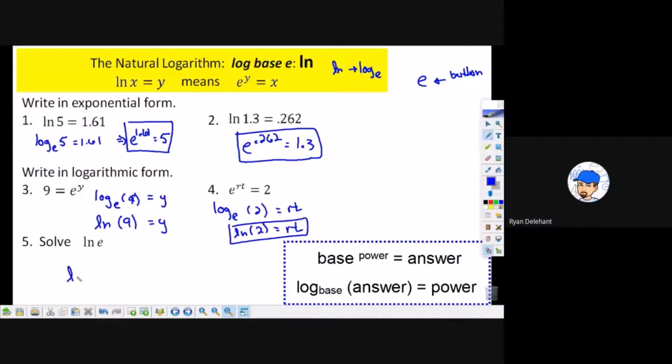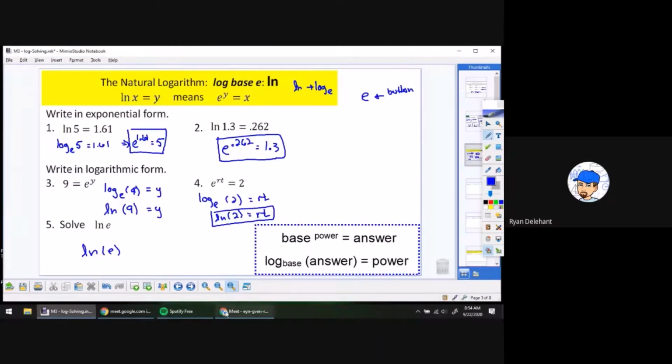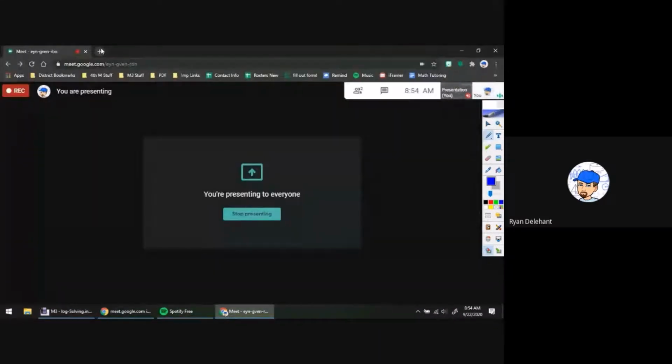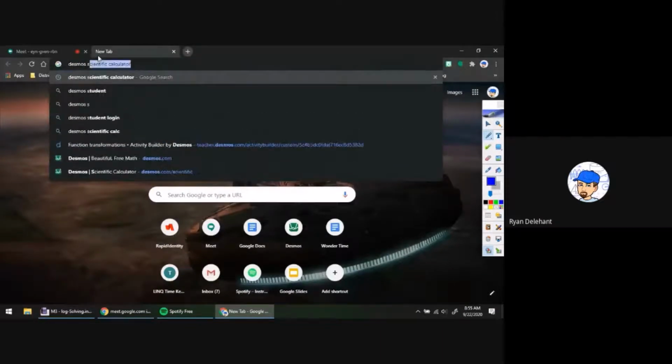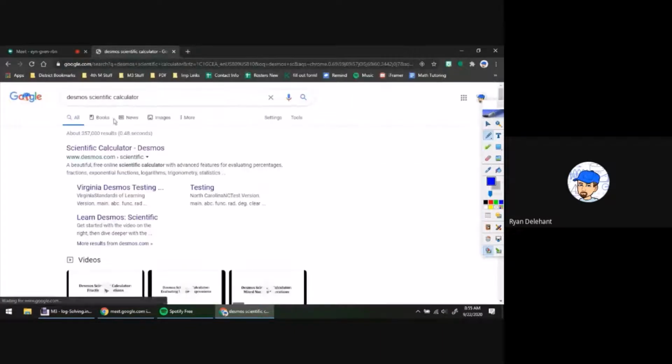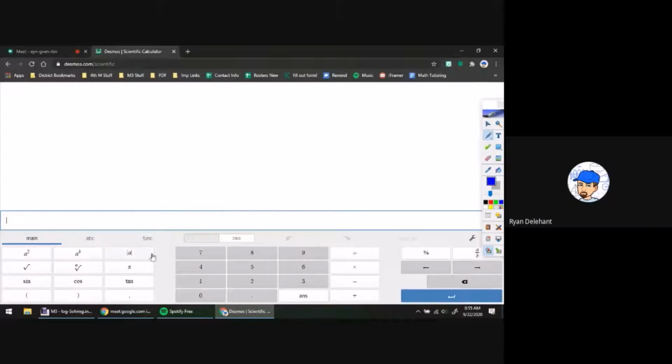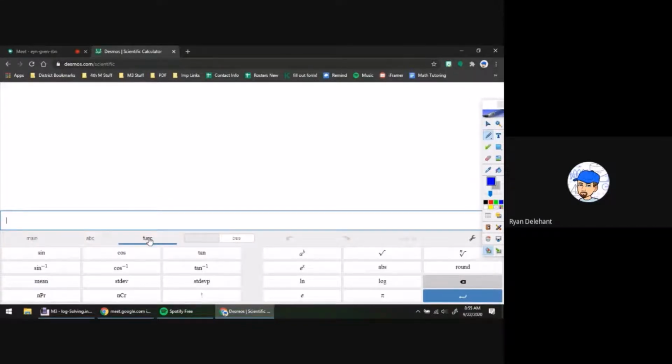This one's interesting, and this one will pay dividends when we go to solve, but I actually want to plug that in and see what I get. So I'm going to jump over here to Desmos. And remember, that e to the power button is over here in functions. ln, natural log, is also a function.